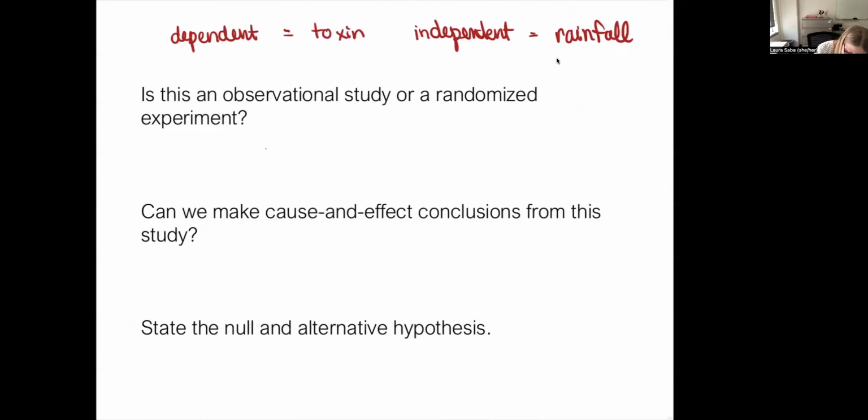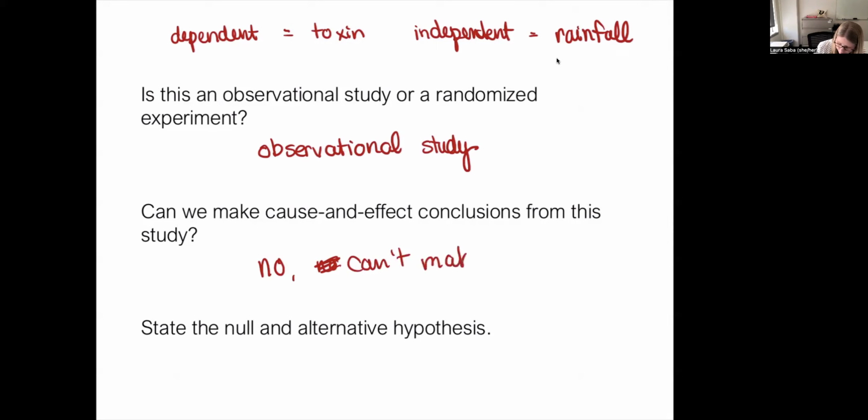So this is an observational study. Can we make a cause and effect conclusion? No. We can't make a cause and effect conclusion since this isn't a randomized study.